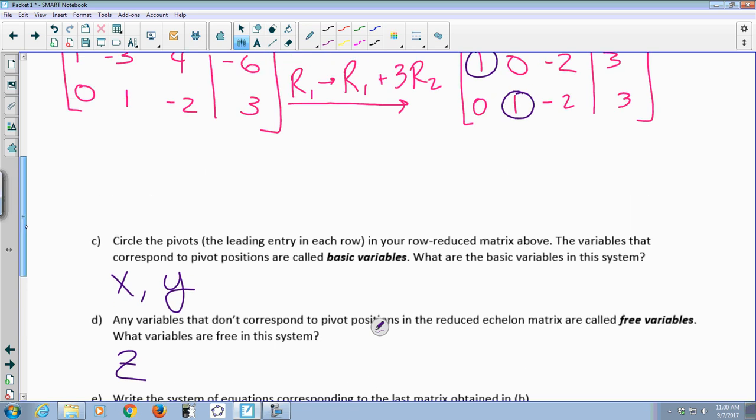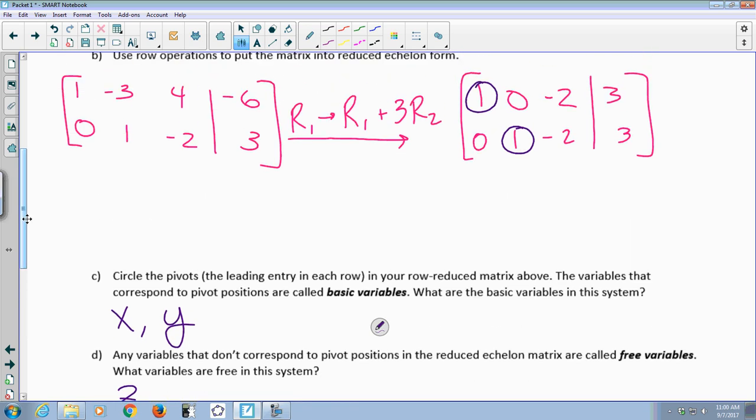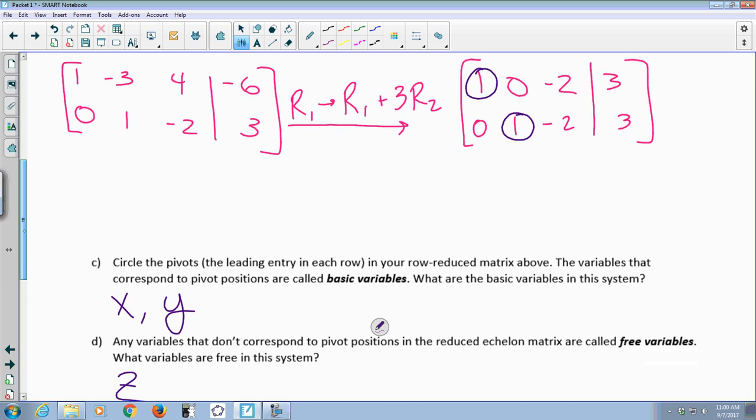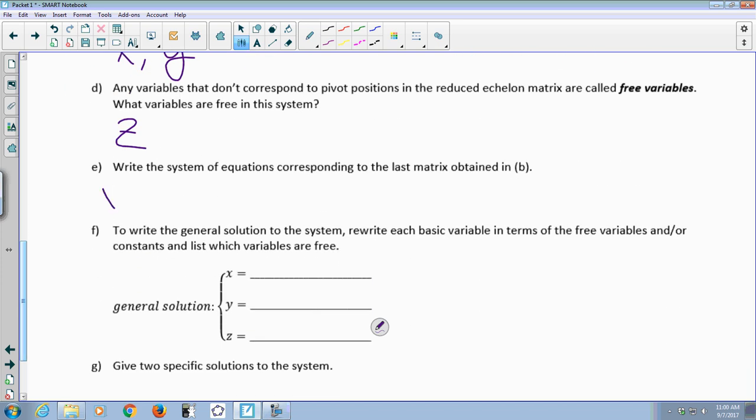All right, so I'm going to translate that last matrix into equations. This says x minus 2z equals 3, right? And then the next row said y minus 2z also equals 3. So what happens is that I actually have an infinite number of solutions, right? There is no single x, y, and z that makes that system true.